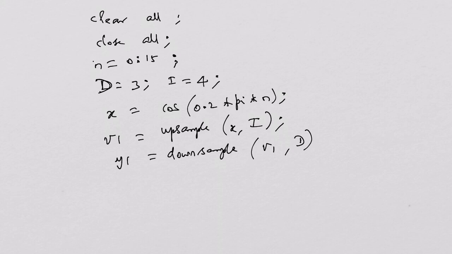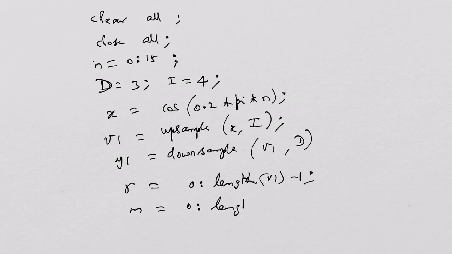And upsampling is carried out, downsampling is also carried out. Let me define two length scales. R is equal to 0 colon length of v1 minus 1. Similarly, let me have M is equal to 0 colon length of y1 minus 1.